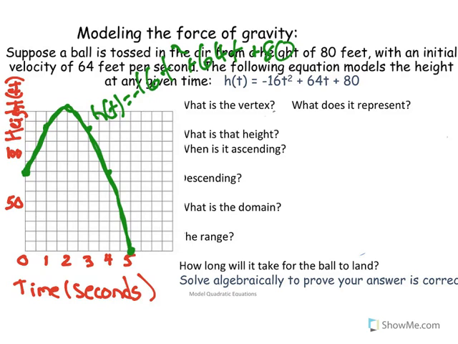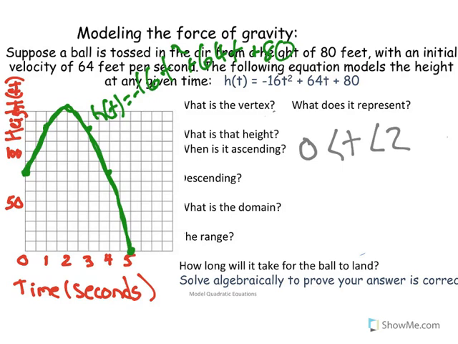When is it ascending? Well, let's see when it's ascending. This is going to be slightly different than what we did yesterday. Yesterday we talked about the domain and range, and I had the or-equal signs under here. I'm not going to have them today, and it's kind of a fundamental question. We usually have a really good discussion about this in class. Why do I only say it's ascending between 0 and 2, not including 0 and 2?